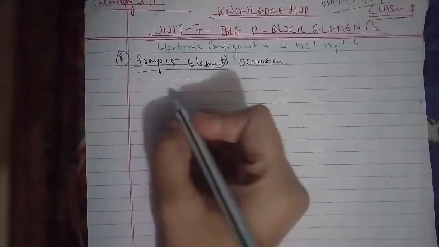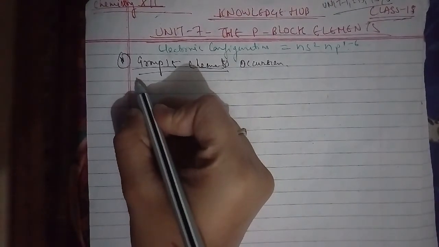Then we have the elements: nitrogen, phosphorus, arsenic, and of course antimony and bismuth. For the properties, the first property we'll talk about is the atomic number.